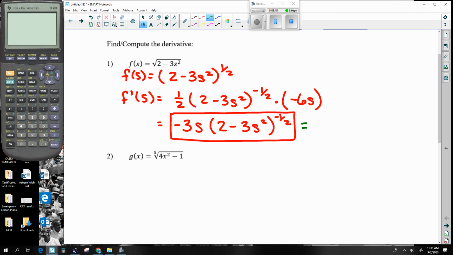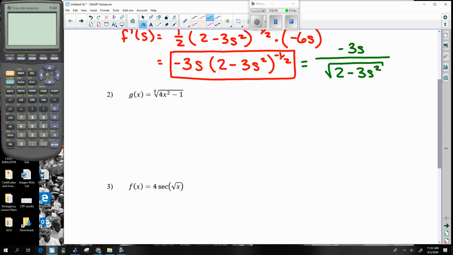So how this would look is this would be 2 minus 3s squared as the denominator of a square root, and then that's a negative 3s. So that's what it would look like. So I just move things, numerators go to numerators, denominators go to denominators. A lot of times it's just simplifying negative powers. Rarely will you actually see a negative power.